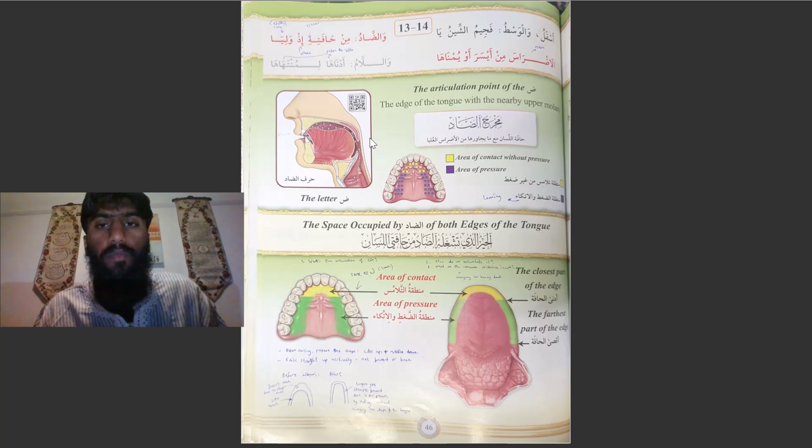So that is the sound of Daad, and that istitala, the movement of the tongue, happens in each case of Daad, whether it has fatha, dhamma, kasra, or sukoon. When you have sukoon, you can hear it the most. La, li, lu.